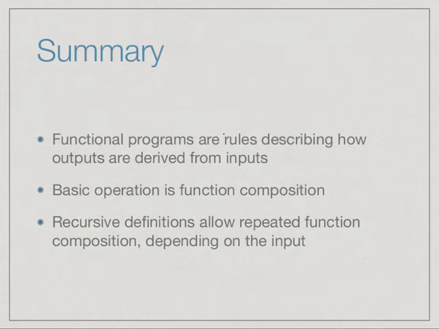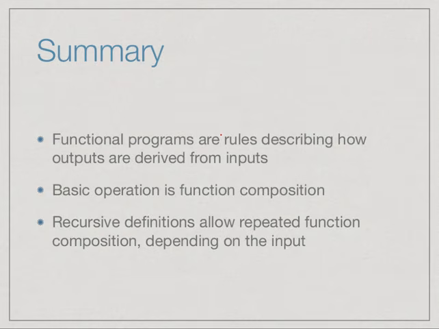So to summarize, a functional program describes rules to tell us how to compute outputs from inputs. What we have seen is that the basic operation that we use is to combine functions. So we use function composition. We feed the output of one function as the input of another function.